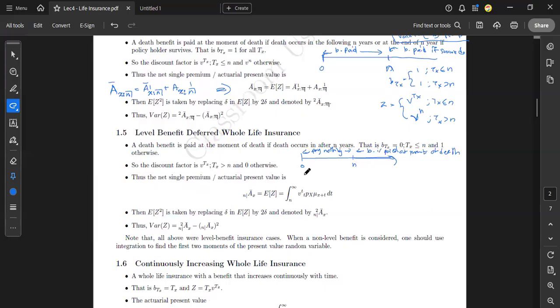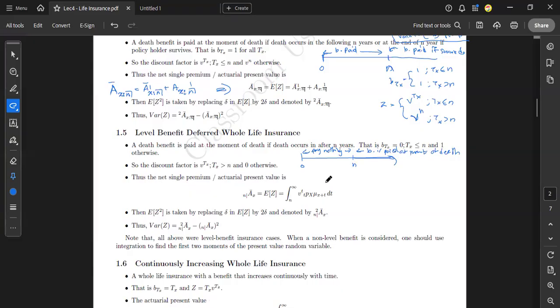That means you are at age x, and from x to x plus n, you don't have any benefit payment. But after that, you have a benefit payment at the moment of death. So it's the same as buying a life insurance n years from now.